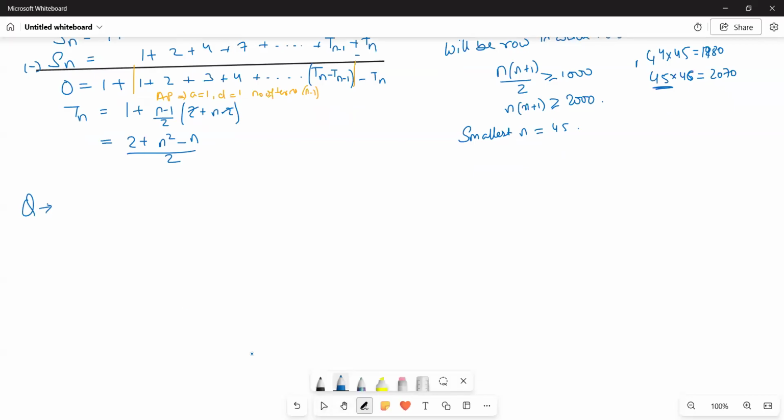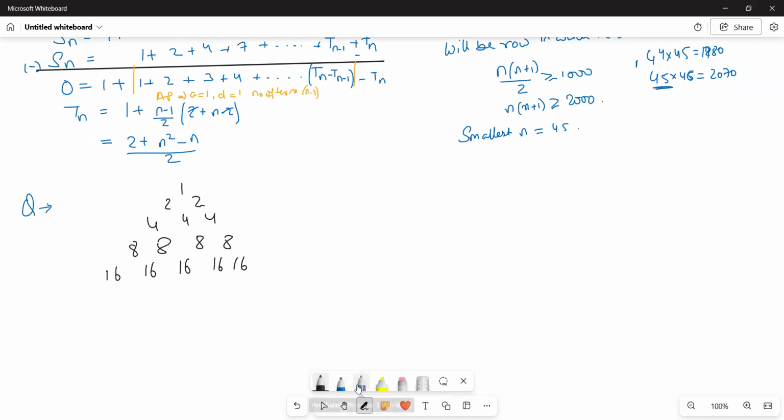So next question. Suppose we have a sequence of numbers like this: 1, 2, 2, 4, 4, 4, 8, 8, 8, 8. Okay. Then 16, 16, 16, 16, 16, so on and so forth. We have a pyramid sequence of this form.